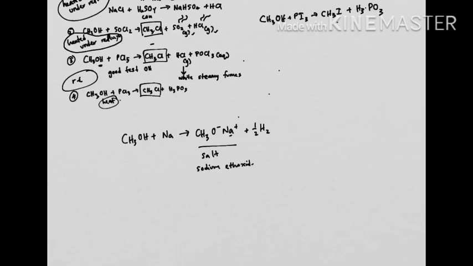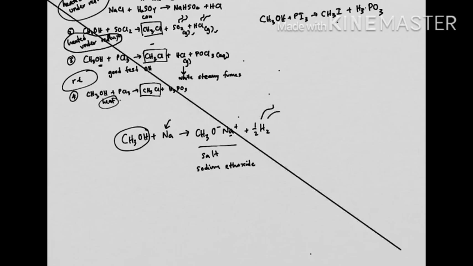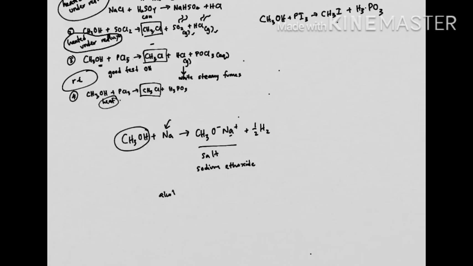Now for this sodium ethoxide salt, if you have excess alcohol, all the sodium will be completely reacted. All the hydrogen is given off to the environment, so you are only going to have the alcohol and the salt. Take note that alcohol is volatile and can evaporate easily.